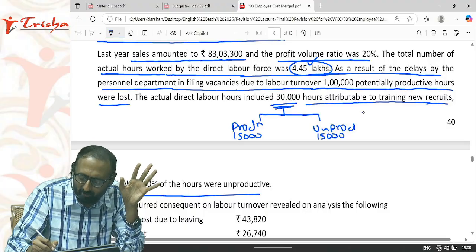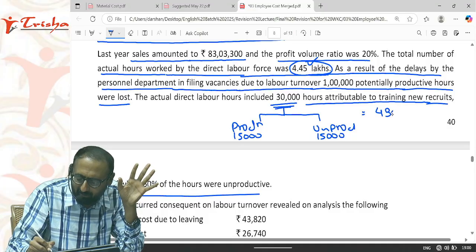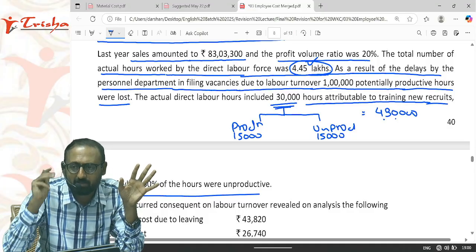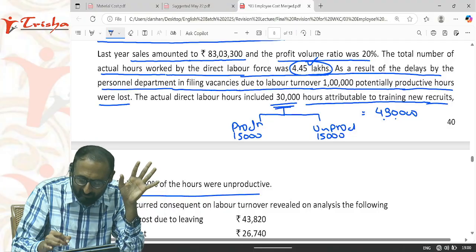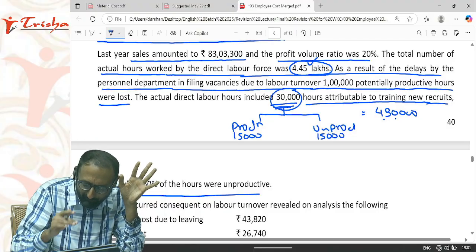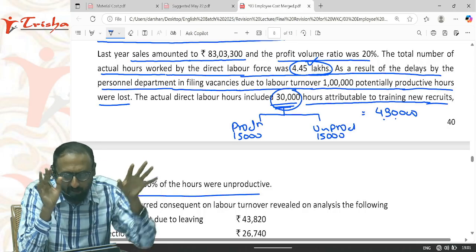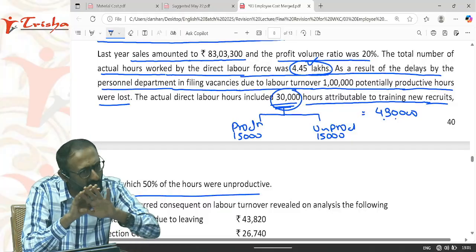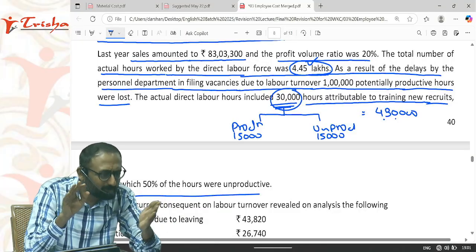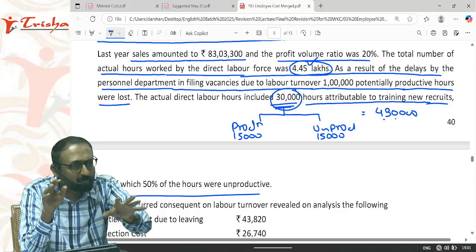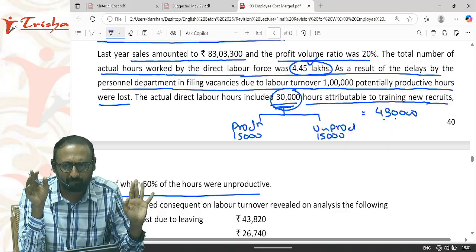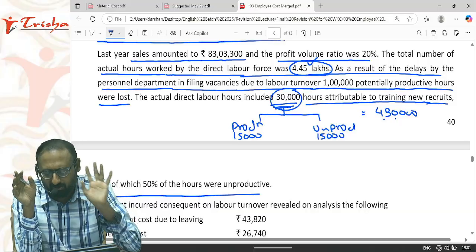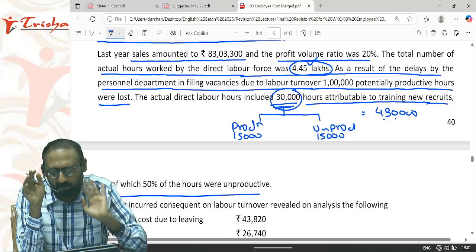So productive hours will be only 4,30,000, because 30,000 is included in 4.45 lakhs. But all 30,000 hours are not unproductive, only 50% unproductive, remaining 50% you did the production. So 15,000 is a lost hour during the training period.